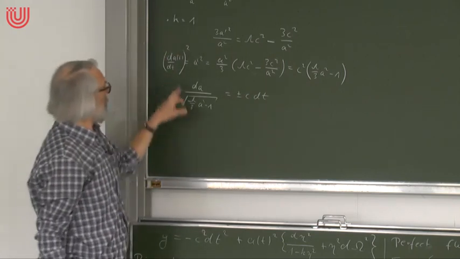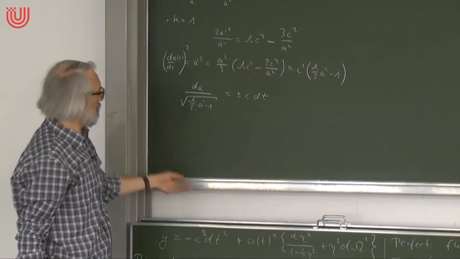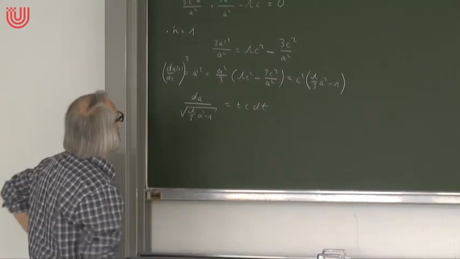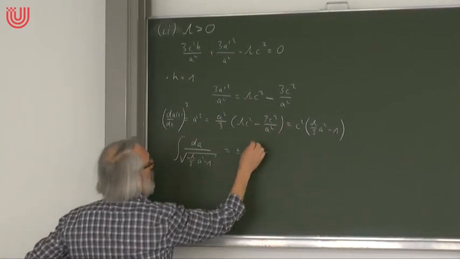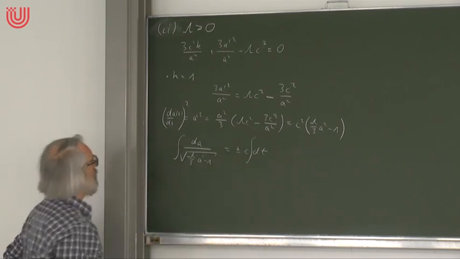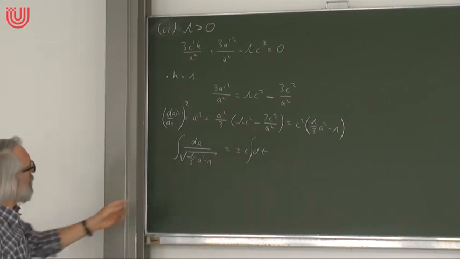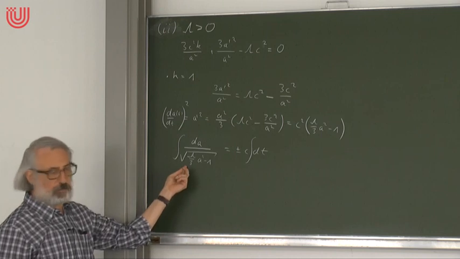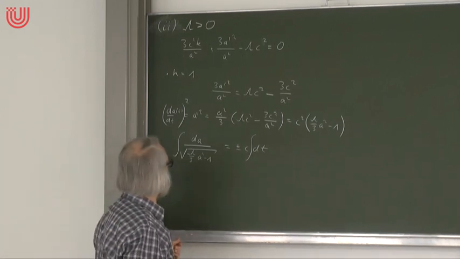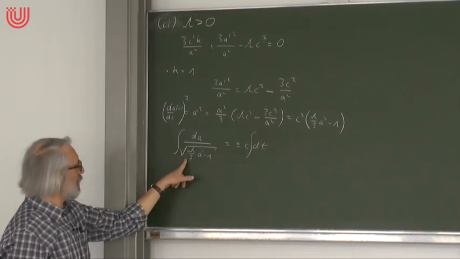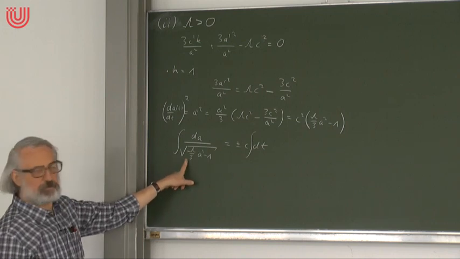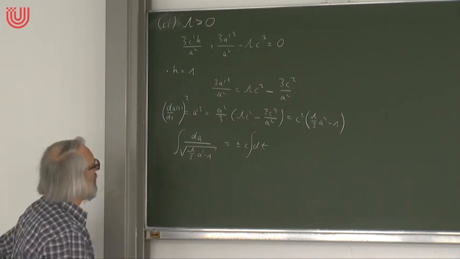And lambda is positive. This is important. So I can write integral signs in front of both sides. You could look this up, of course, but I think I can do it with a substitution. It's important that lambda is positive, because it wouldn't work if lambda is negative, with a minus sign here.